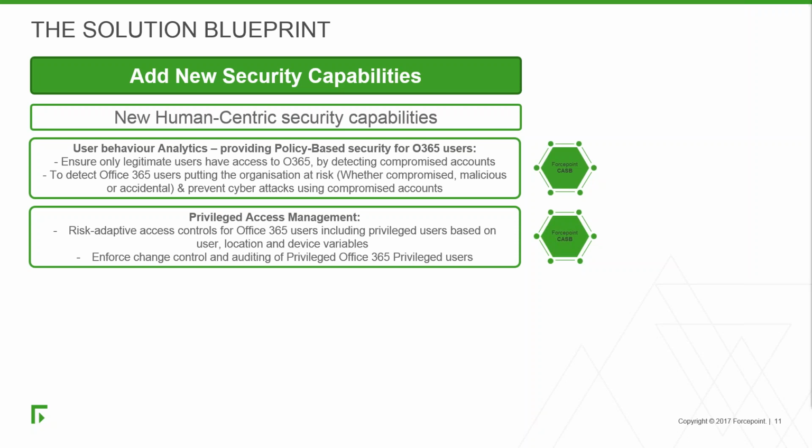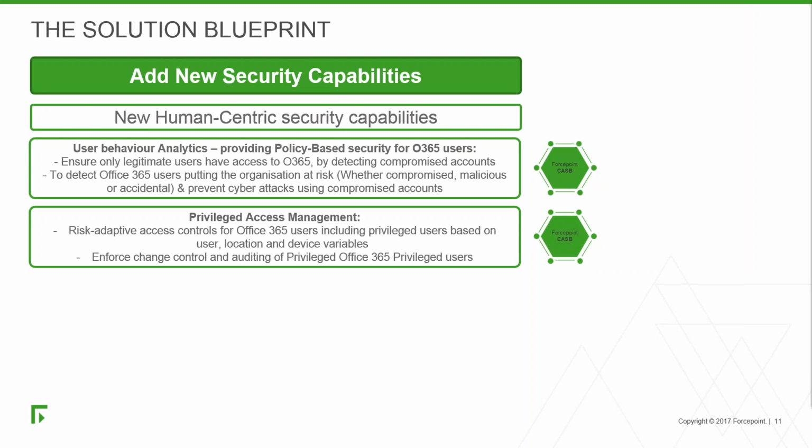Because if people's behavior changes, if something becomes different, that is a big hallmark of a cyber attack happening. It's also making sure that only the legitimate users or the legitimate scenarios have got access to Office 365, which then goes double for our privileged users.